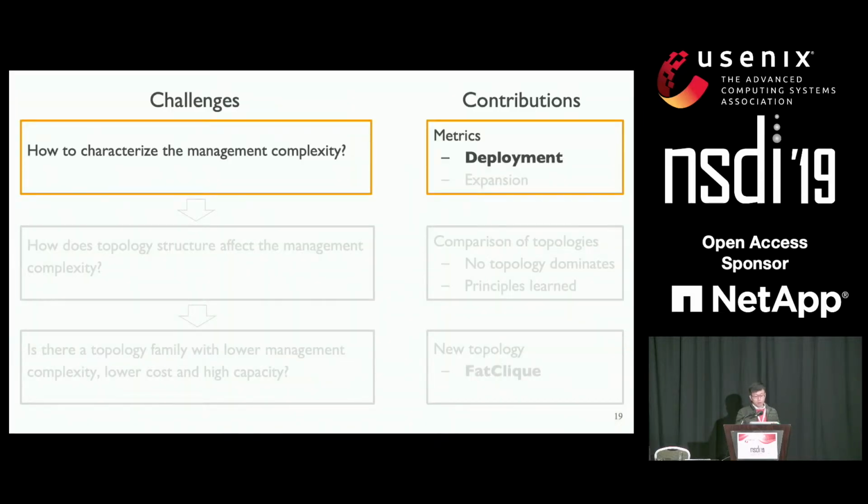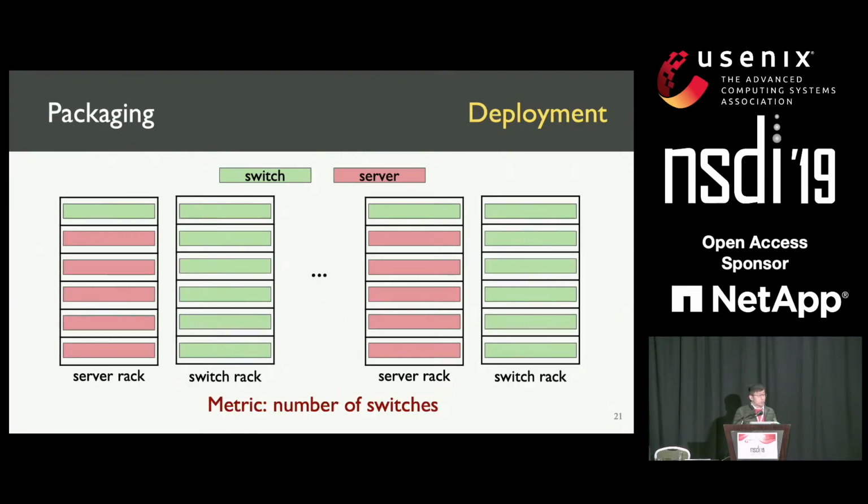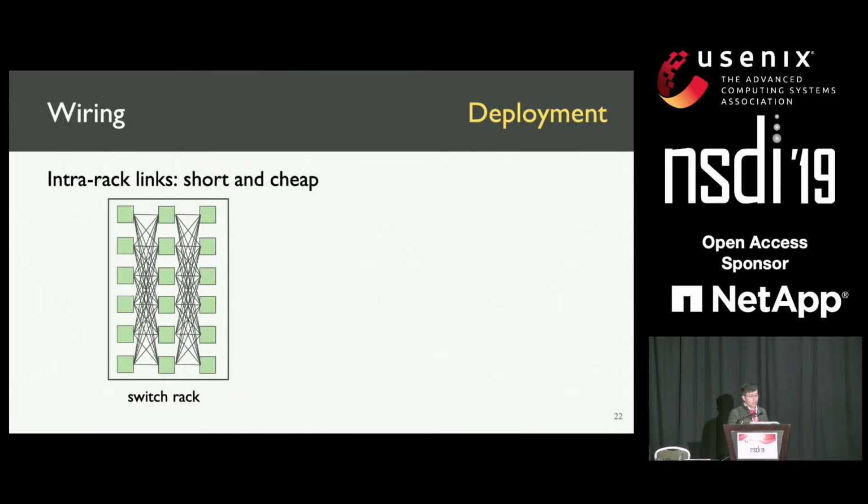OK, let's look at how to quantify deployment complexity. Packaging is the first step in deployment, which is about carefully arranging servers and switches into the data center racks. Since the number of switches directly determines the packaging complexity, we use it as a metric. After we pack switches and servers into data center racks, we need to connect them.